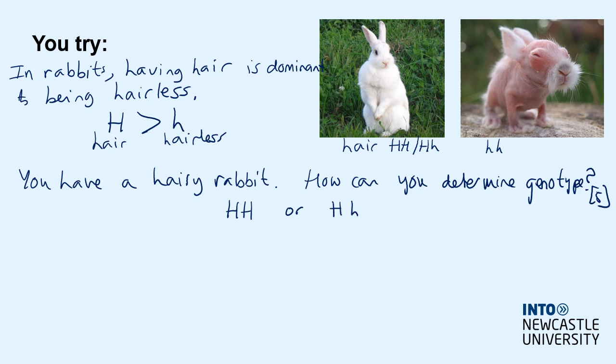Who knows what your hairy rabbit is? But you are going to perform a test cross, and you are going to cross it with the homozygous recessive. So you are going to make your hairy rabbit mate and have babies with a hairless rabbit.